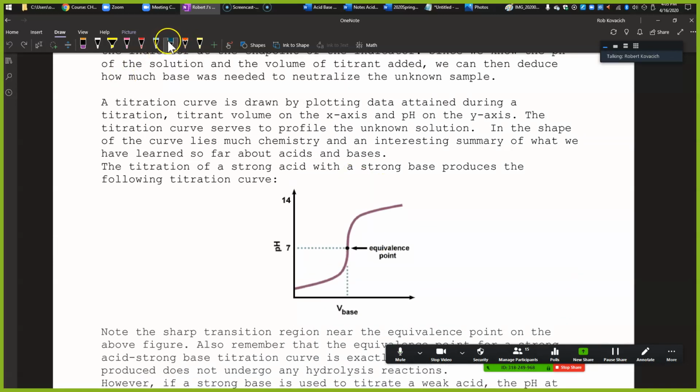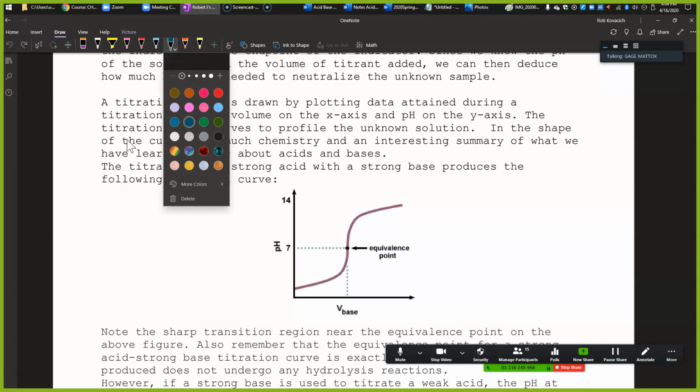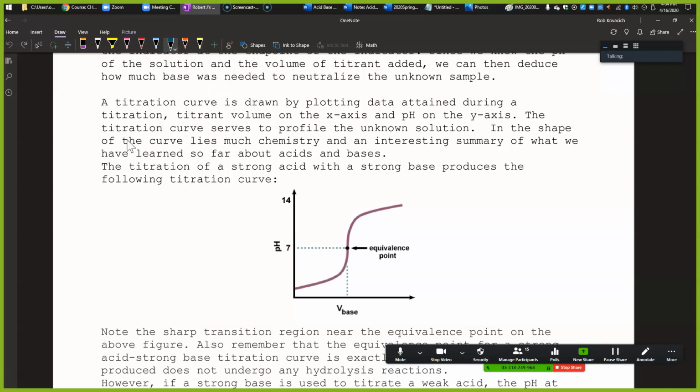How about this blue? Is that enough? Let me make this bigger too. Exponential? No, what is it? Is it 3?